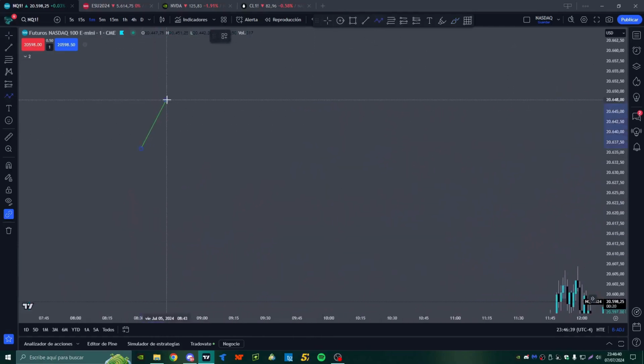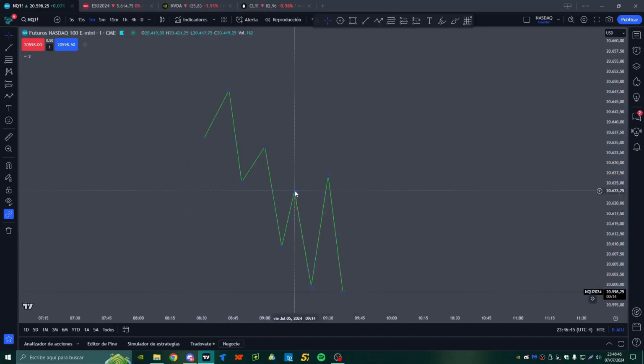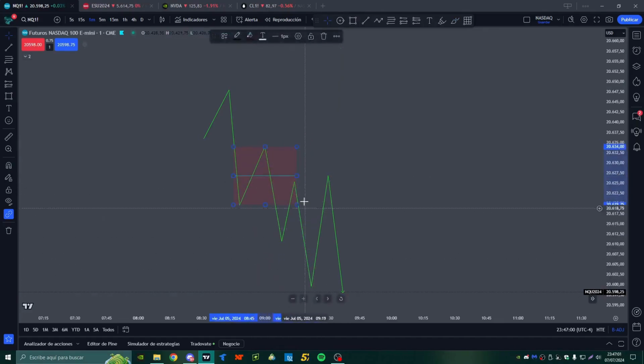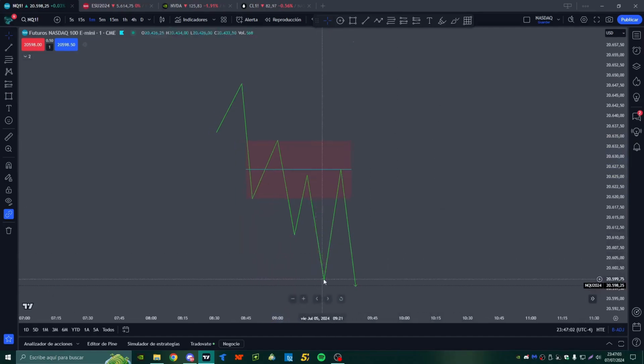Because if the price gets here and does this, leaves this area, returns to it, gives a continuation, therefore validates it for me, and then the price takes out this high of this area.